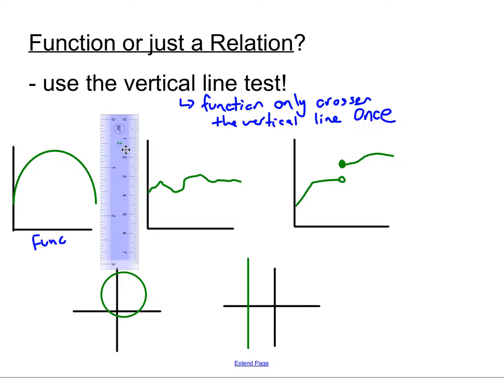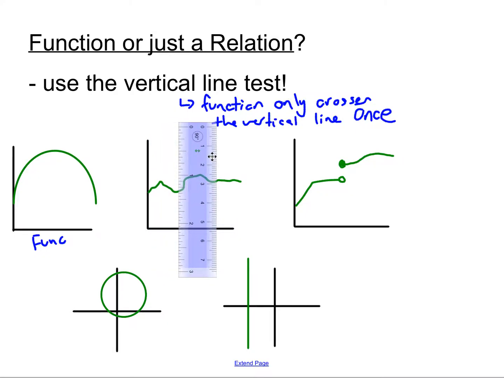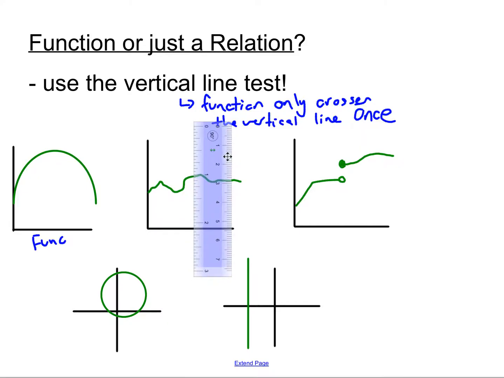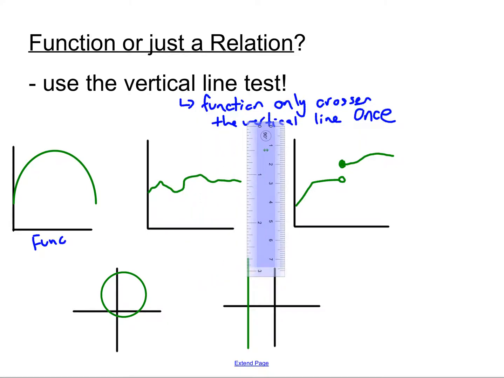Okay. What about this second one? Same test, traveling along the x-axis, so far so good. There's only ever one y value for every x value, and so this too we can call a function. It gets that special name.